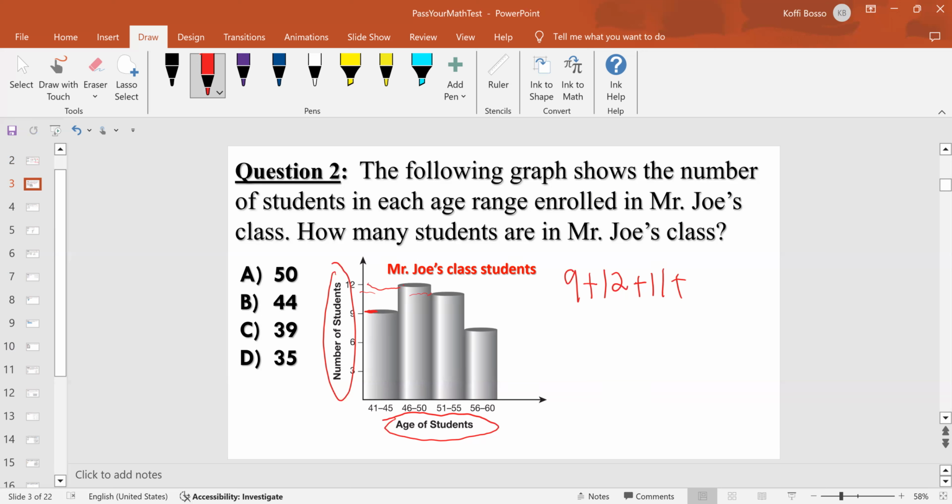The last one is a little above 6, so we can say this is 7. If you add all these numbers, you get 39. So we have 39 students in the class. The correct choice here is C.